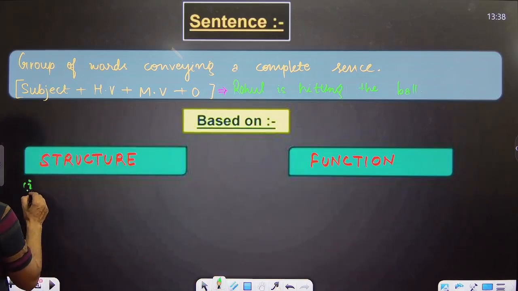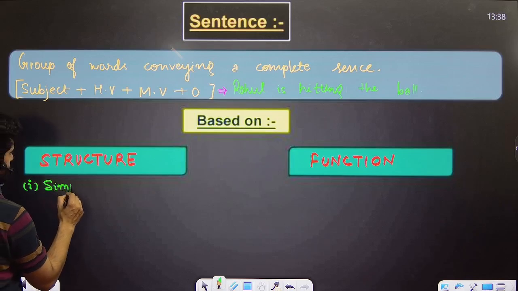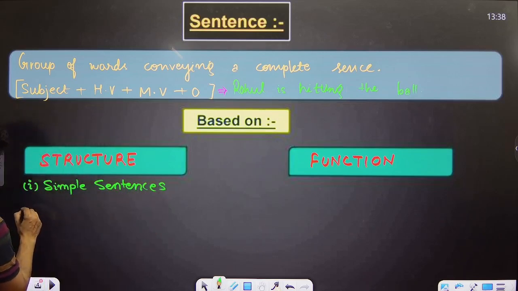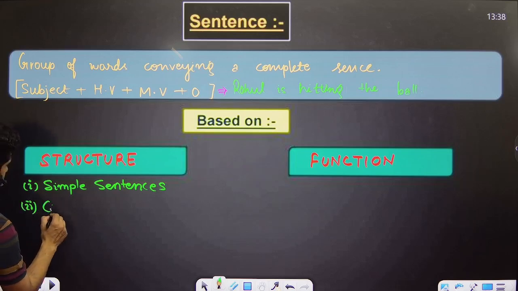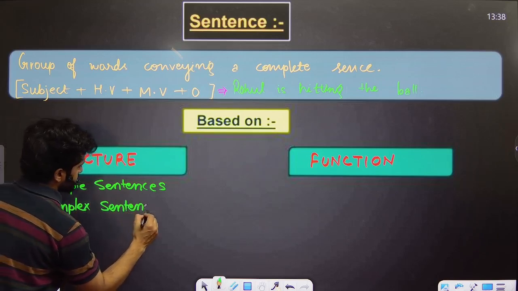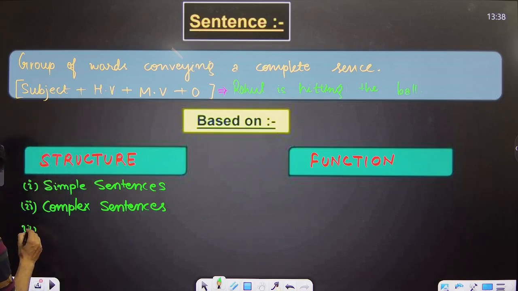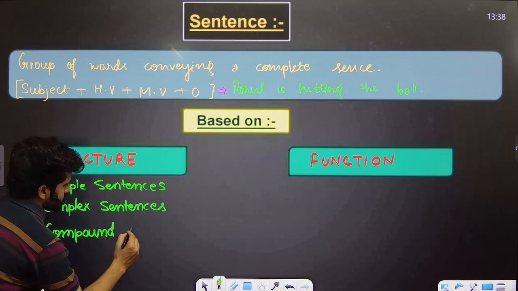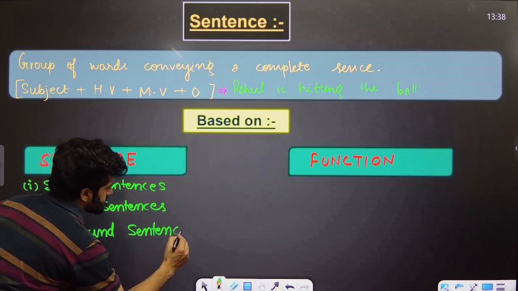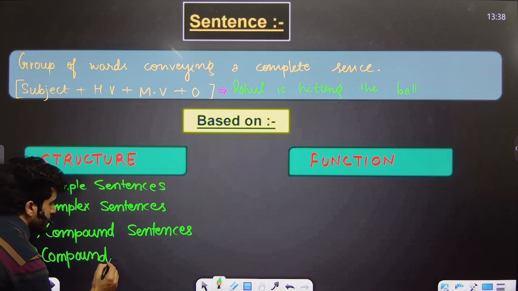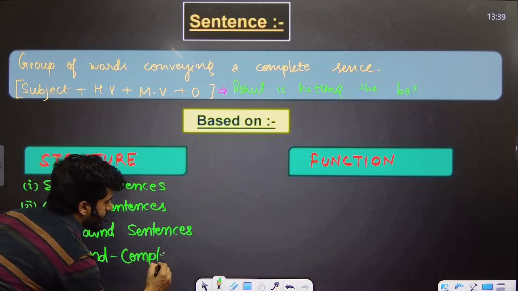First will be your simple sentences. Second is your complex sentences. Compound sentences. And last one is your compound-complex sentences.